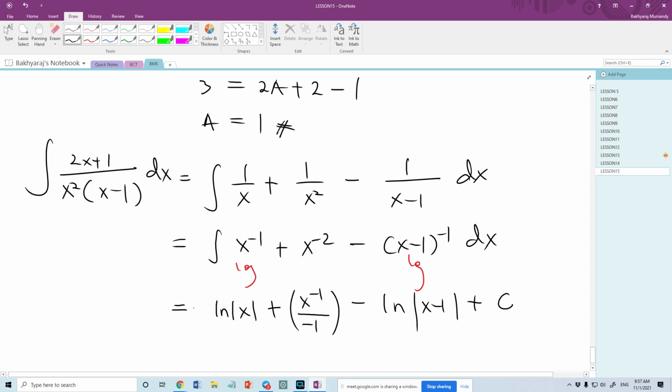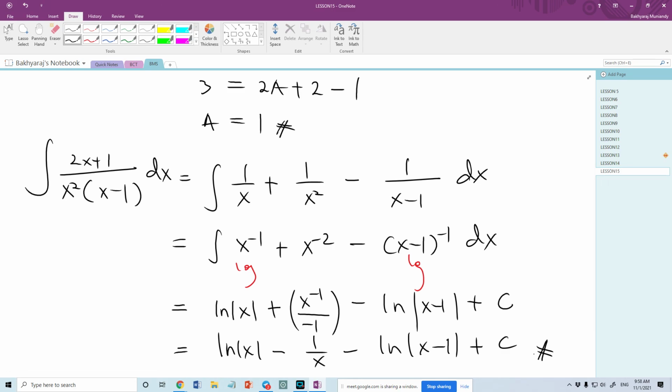So that will give you log x minus 1 over x minus log x minus 1 plus c. Okay, so that is the last answer.